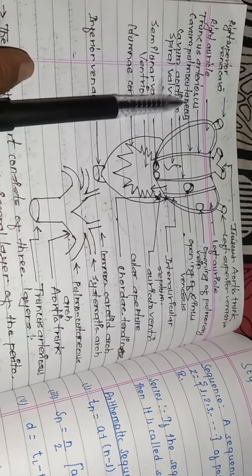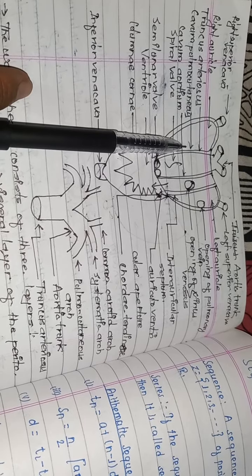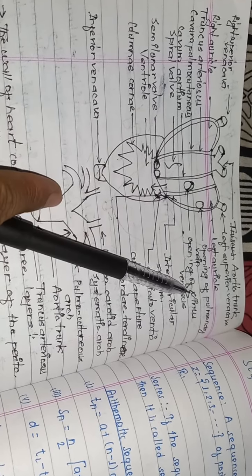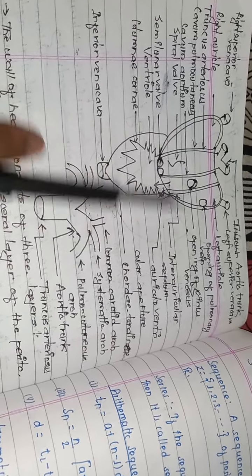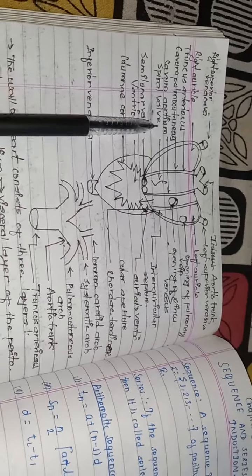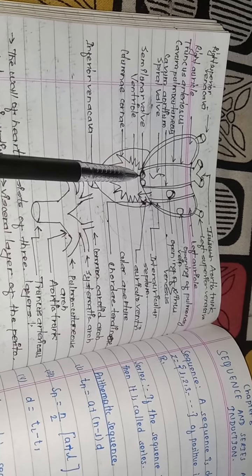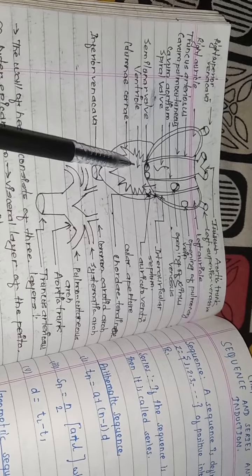The right side is known as the cavum pulmocutaneum, and the left side is the cavum aorticum, with the spiral valve. We have semilunar valves at the opening of the truncus arteriosus. This is the ventricle.